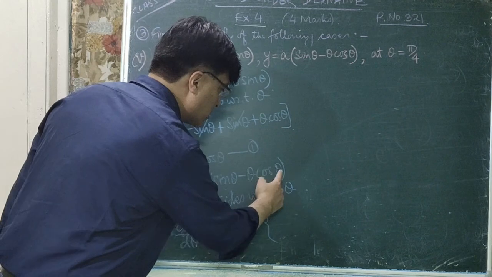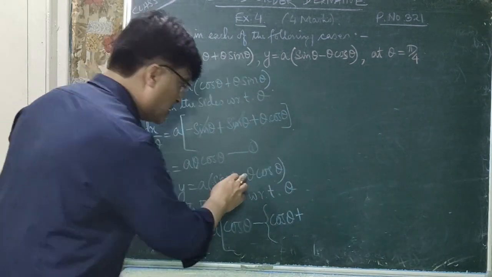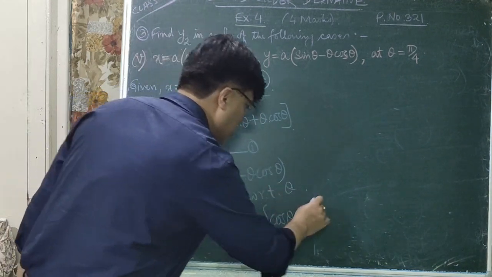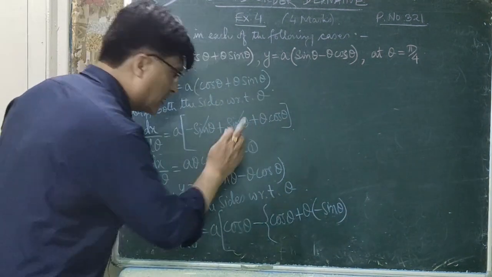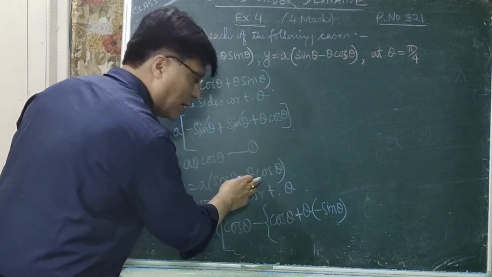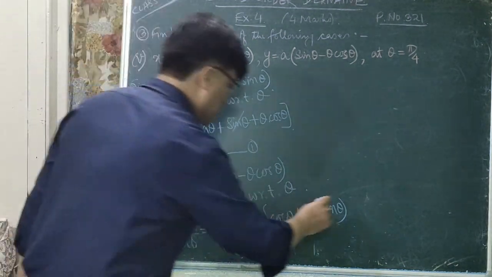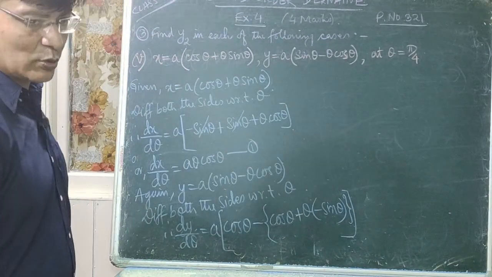So 1 into cos theta remains same, that is your cos theta, plus now theta remains same. Now differentiate cos theta with respect to theta, that is your minus sin theta, isn't it? And what is the differentiation of cos theta with respect to theta? It is minus sin theta.